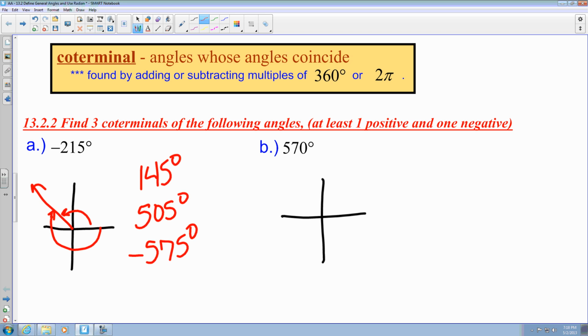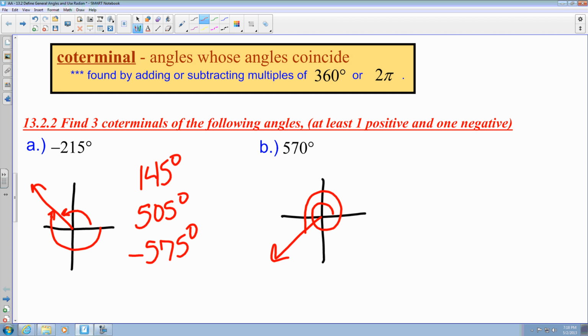So looking at 570 degrees, I know that it's larger than 360. So if I take 570 minus 360, I get 210. When I draw this out, I'm going to go one revolution around, and it's at 210, so it's going to be a little bit larger than my 180 coordinate.